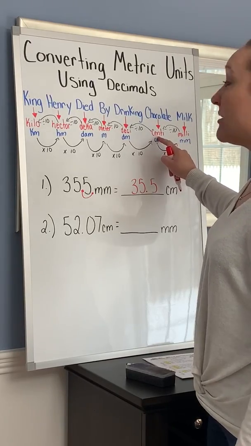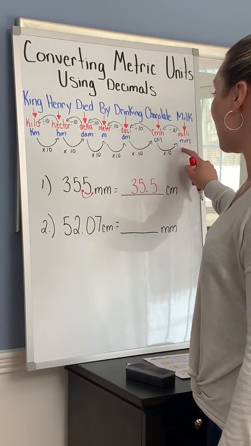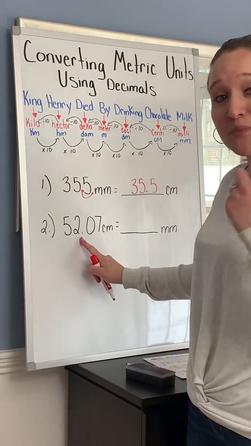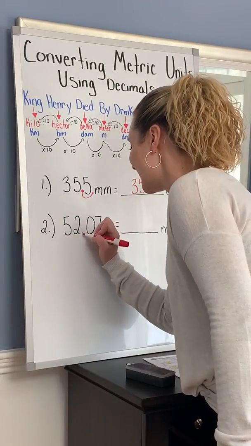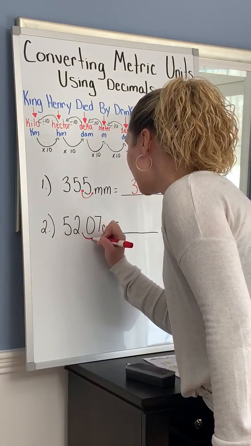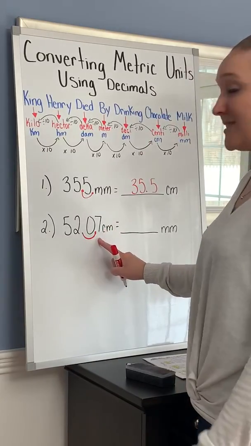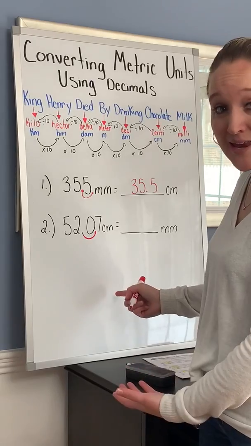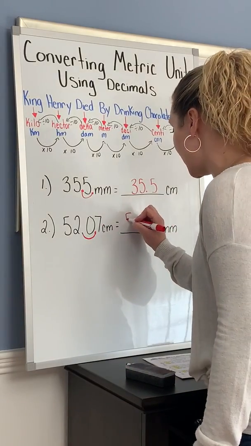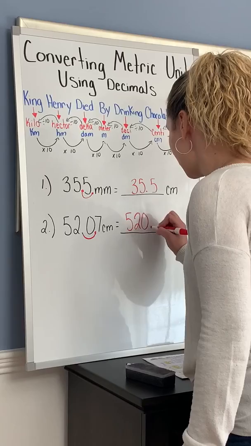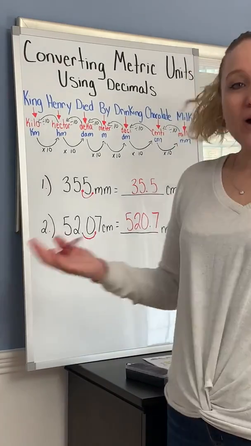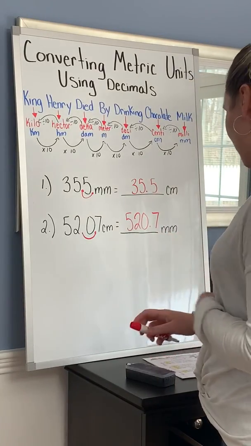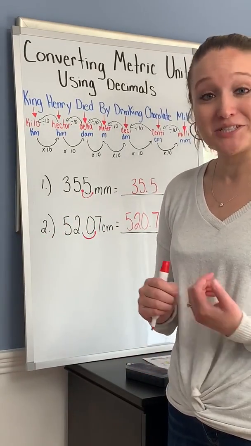Well, it's going to be to the right one time. So I am going to go to my decimal. I am going to move it one place to the right. And you already learned that when you move it to the right, you are multiplying by 10. Now this is an easy way. If you were to actually multiply this out by 10, your new answer would actually be this. But why do it out when you know some tricks? Easy peasy.